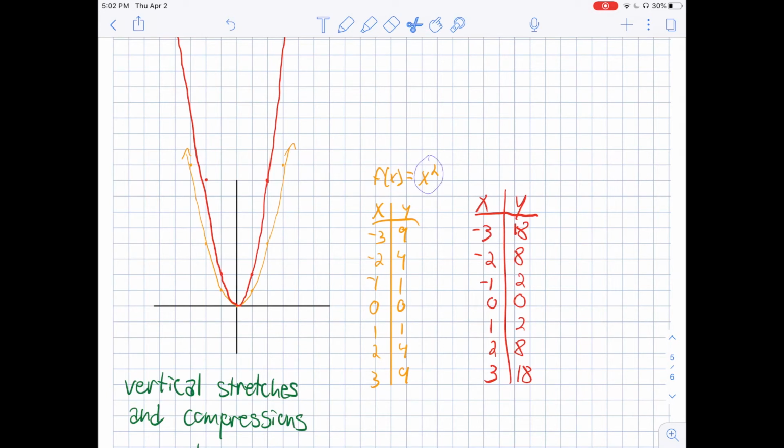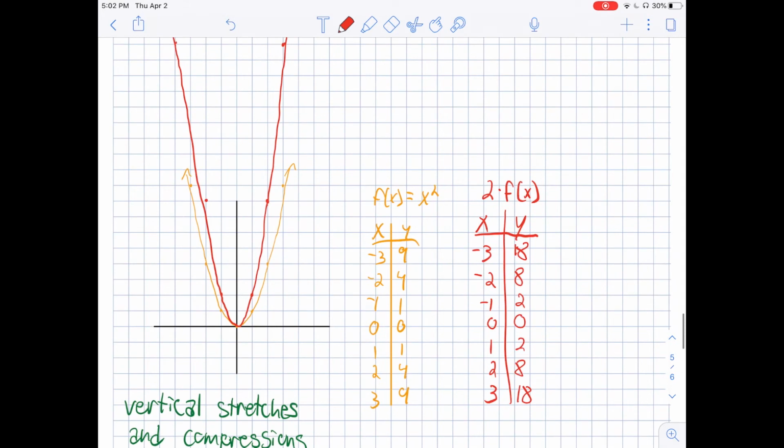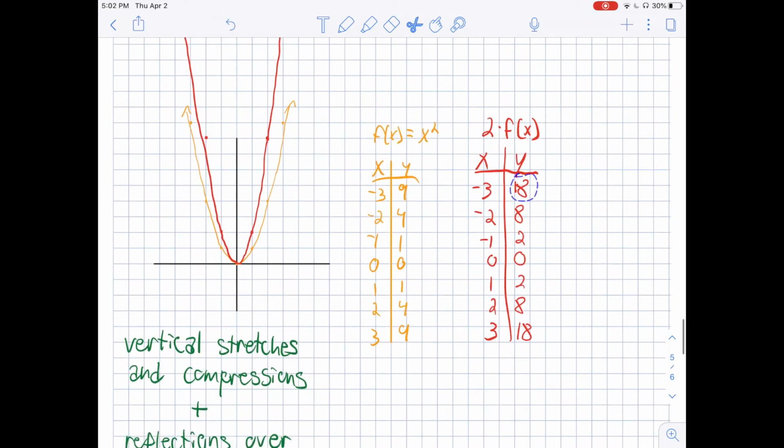So all we have to do to write this algebraically is take 2 times our old f of x values. F of x, when you plug in -3, gives us 9. And then if we take 9 times 2, it'll give us that 18. So it'll stretch or compress. If you multiply it by something that's less than 1, it'll get smaller vertically, your original graph.